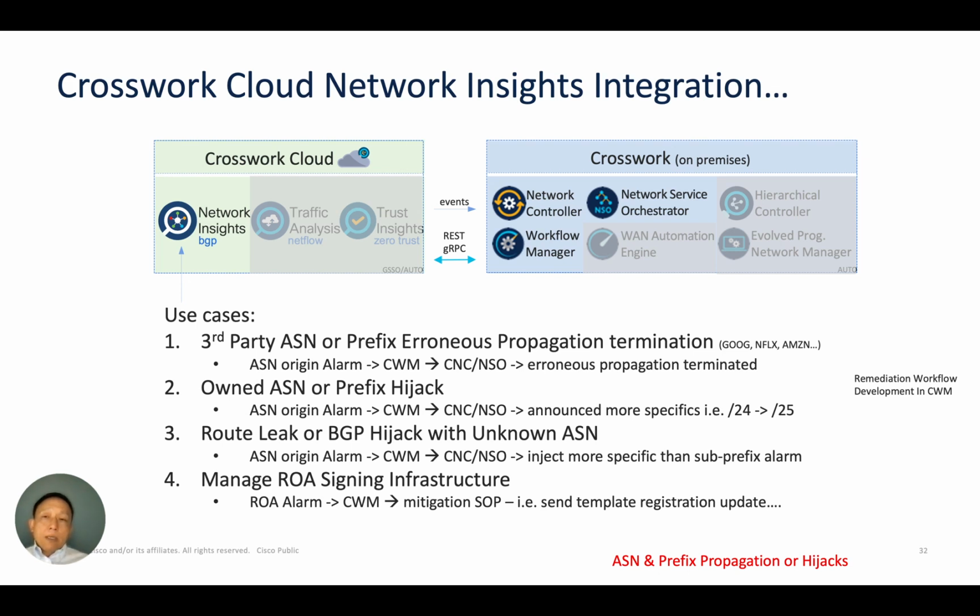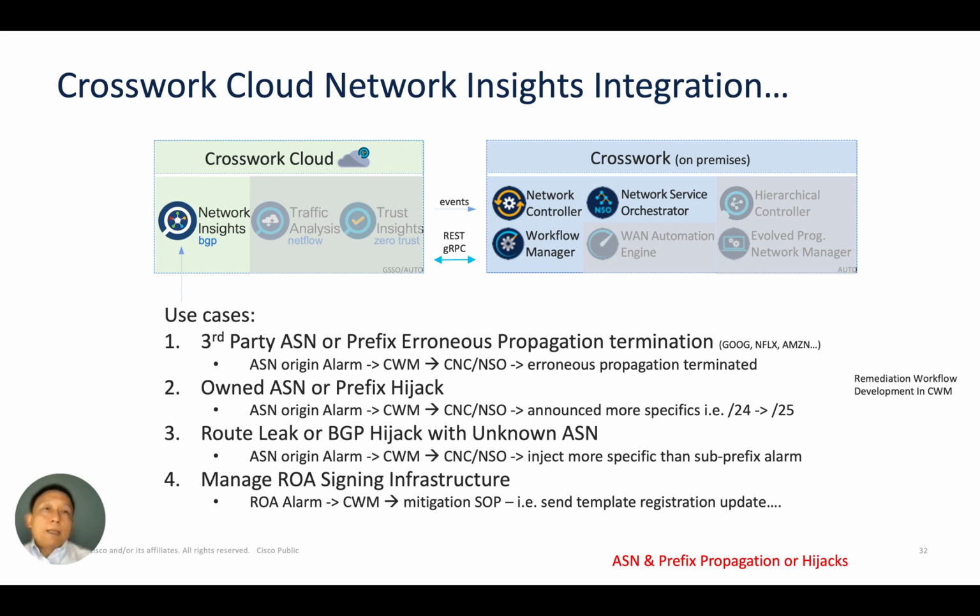The goal here is, if you already have a Crosswork on-premise solution, great, and you want to leverage the Crosswork Cloud analytics. By leveraging these use cases, the two sides, the green box, Crosswork Cloud, and the blue box, Crosswork on-premise, become integrated together so that you can automate the whole process, because these BGP events last less than 7 minutes.